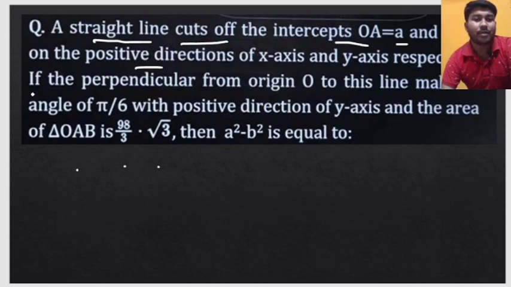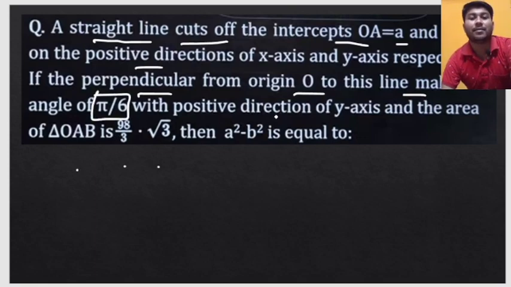Now the second part: the perpendicular from the origin O to the line makes an angle pi by 6 with the positive direction of y axis. Look very carefully. This is not the angle with the positive direction of x axis.